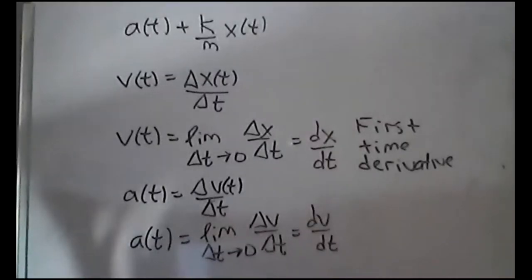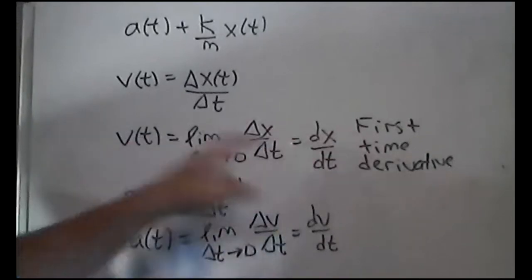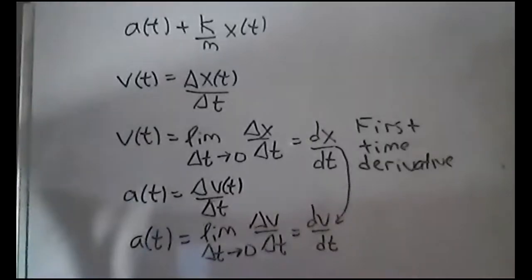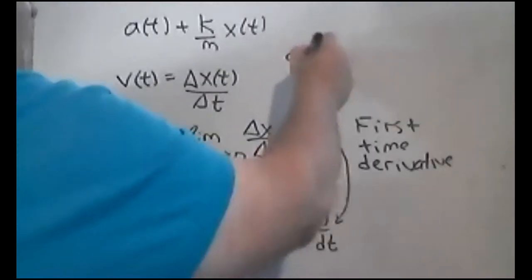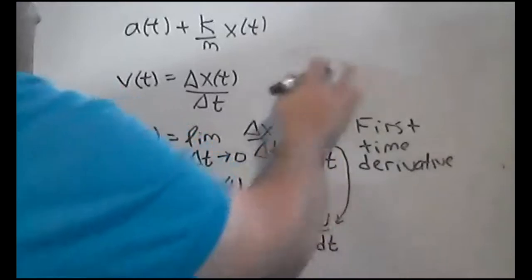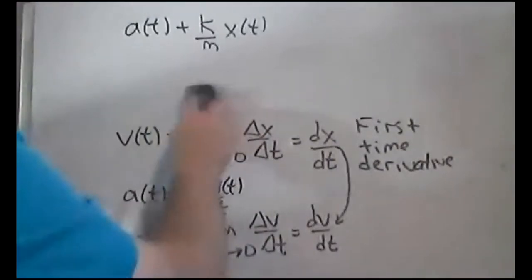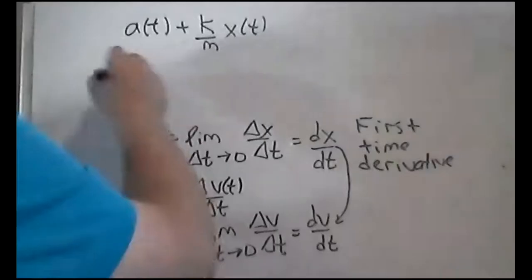But remember, I know what the velocity is, so I can substitute for v. And I can write a as a function of time as a second order slope.